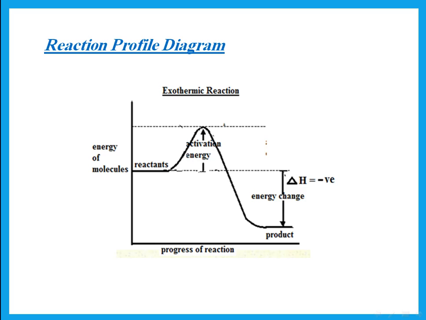Now, this activation energy is the distance or the difference in energy between the reactants and the top of that hill that we have. That is the difference in energy between the reactants and what we call the intermediates in the reaction. So activation energy is from the reactants to the top. Delta H is the difference in energy between reactants and products. This is a reaction profile diagram.